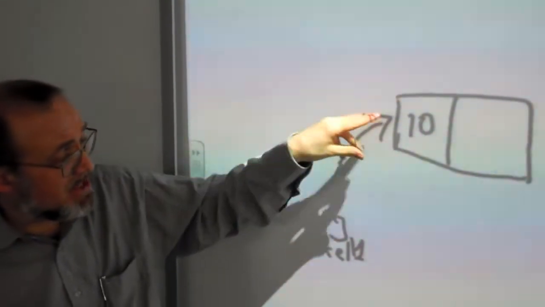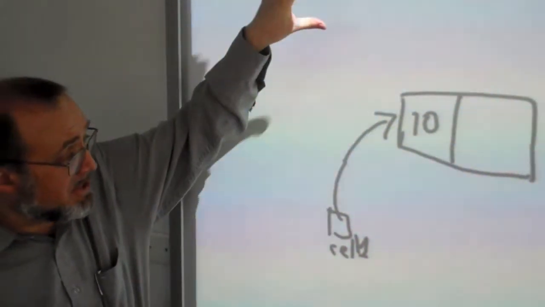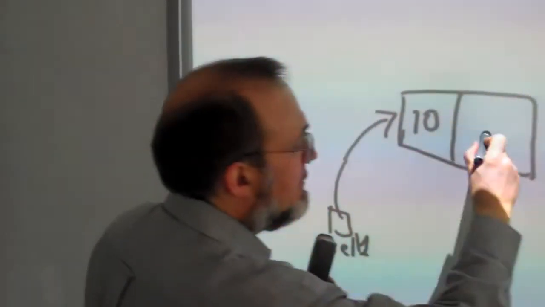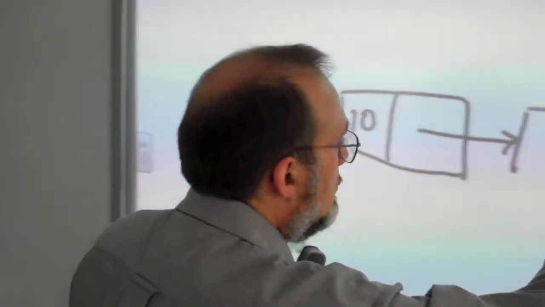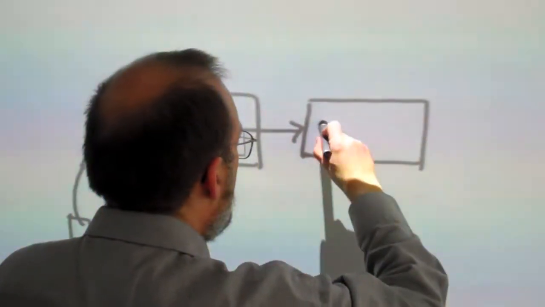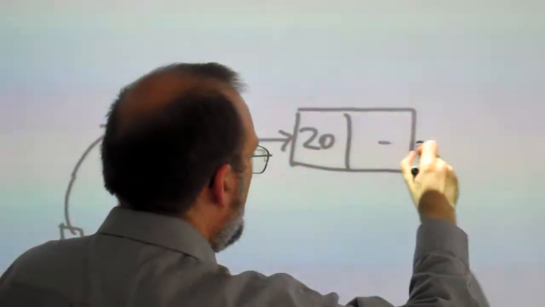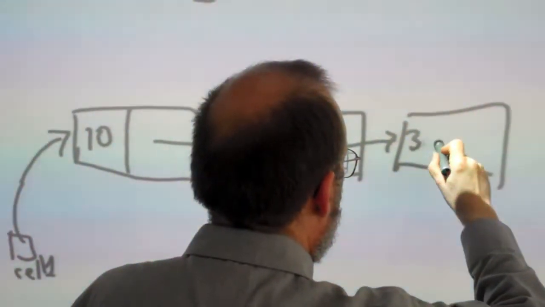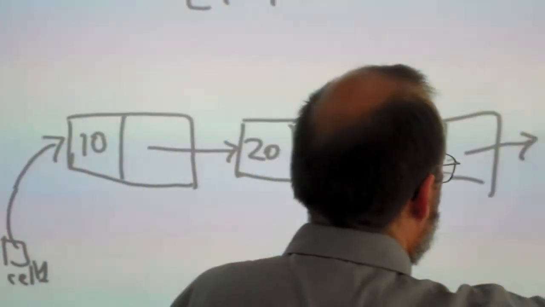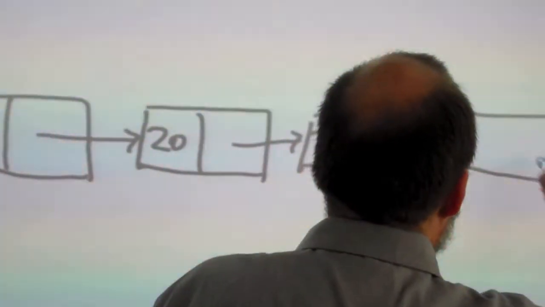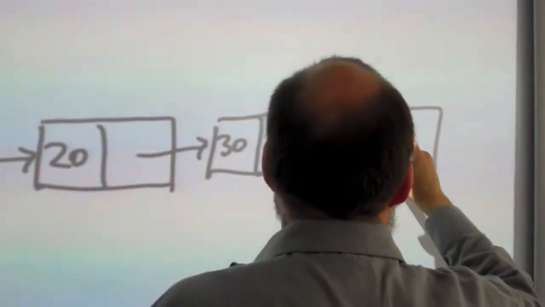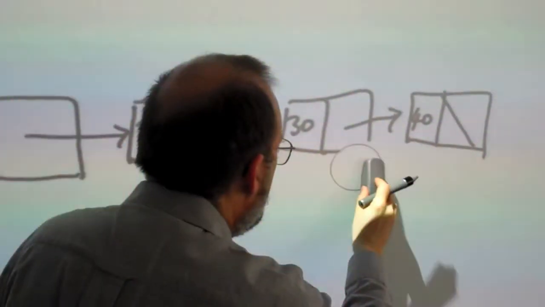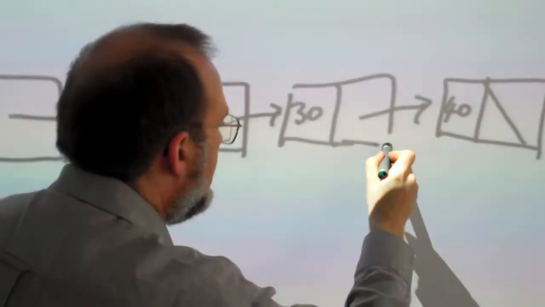It's shown in a slightly simpler form, and then we put the next value directly in the box. Okay, it would actually be a reference to an integer object, but for simplicity we just put it in the box, and then the arrow next forms our chain of cell objects.